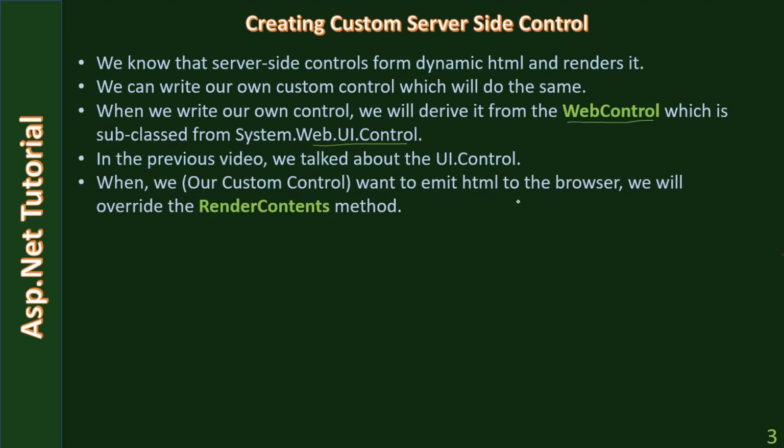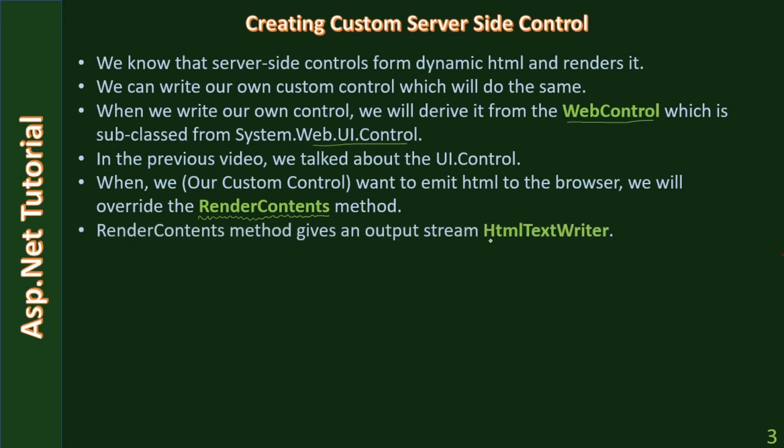When we want to emit HTML to the browser, we will override the RenderContents method. This method takes an HtmlTextWriter as a parameter. When you override it, you will see this text writer class come in as a parameter.